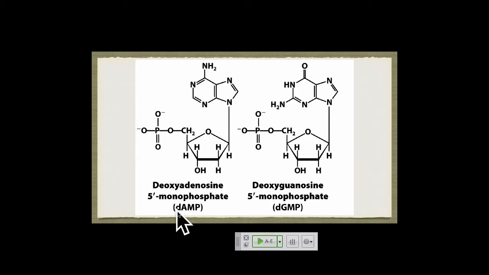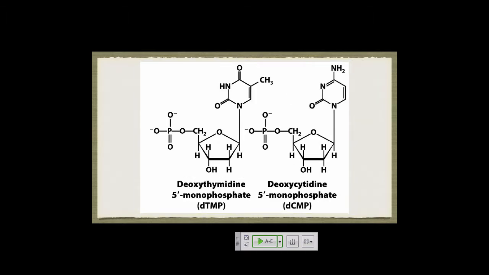What is that? What it really means is that's a mixture of all four. It's just a very common shorthand. When you see dNTP, it just means equal molar amounts of all four nucleotides. All right. And here's the thymidine on this side. Any questions about that?